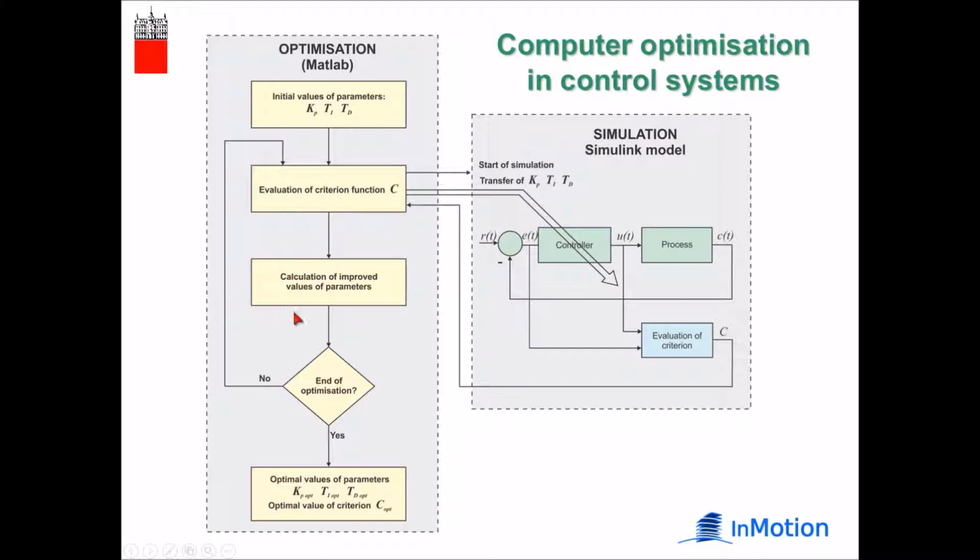Then the main program calculates the improved values of parameters, and if the end condition of optimization is not fulfilled, we go to the next iteration. But if the end condition is fulfilled, we finish the simulation, and then the optimal values of parameters are available, and of course also the optimal value of the criterion function.